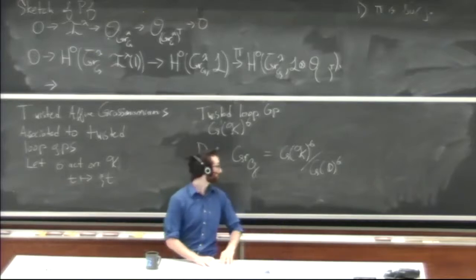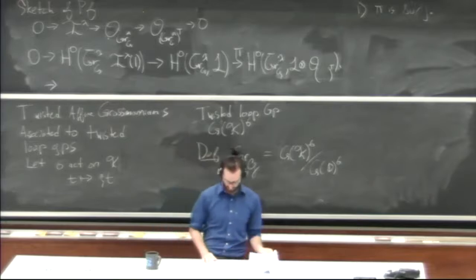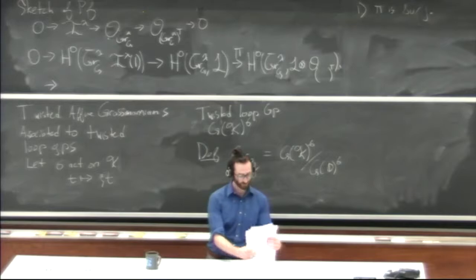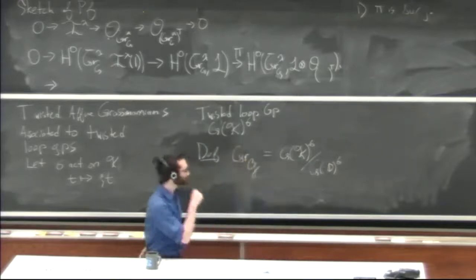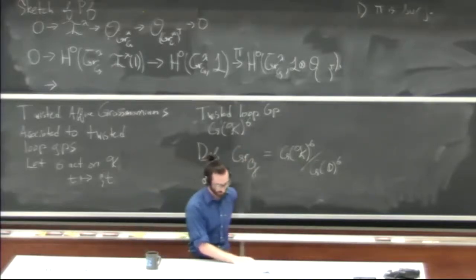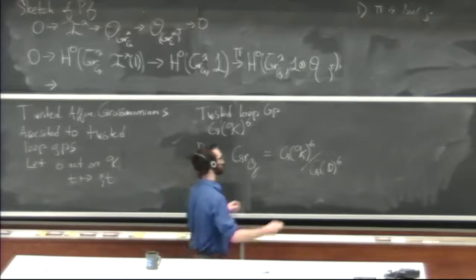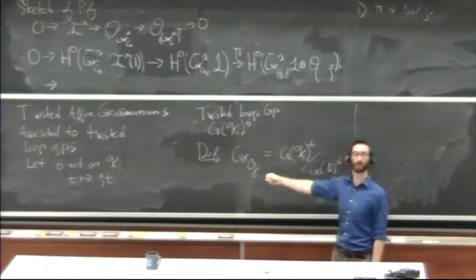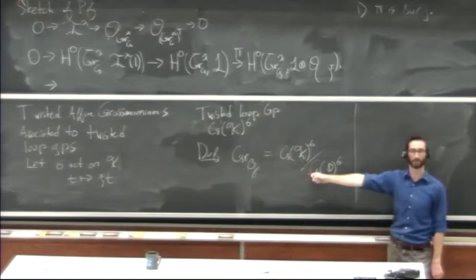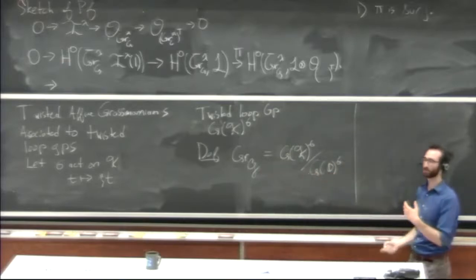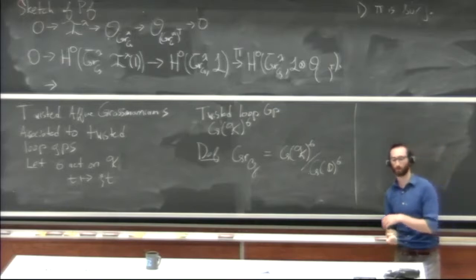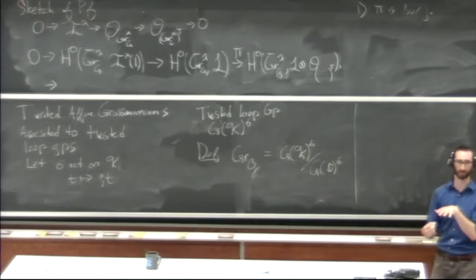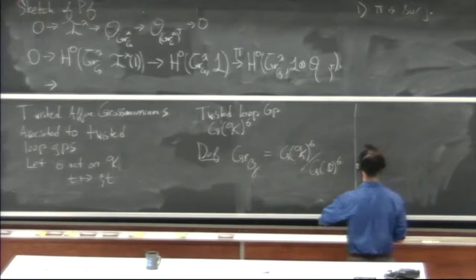Yep. Okay, so what I want to race through, since I only have 15 minutes left, is, let me skip, let me get just to some facts. I'll just mention there's also a moduli description of this twisted affine Grassmannian in terms of G-torsors for a non-constant group scheme over the formal disk.